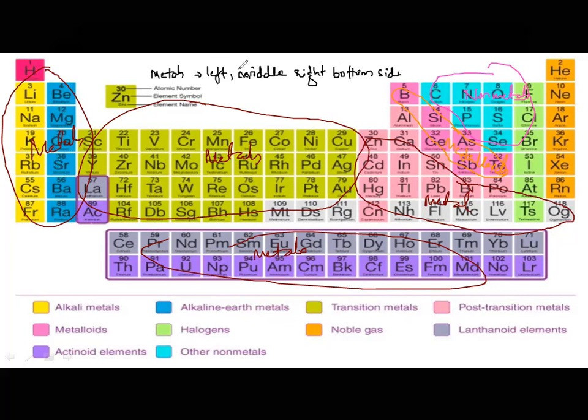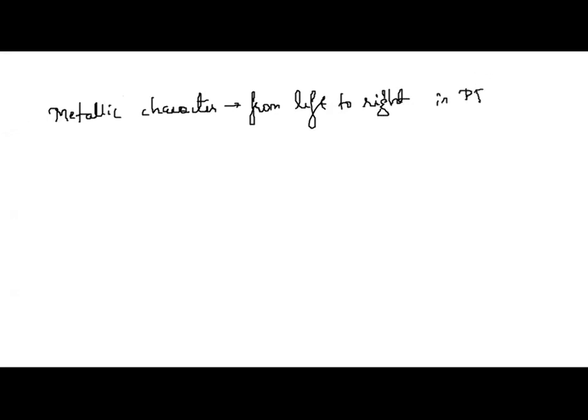So with this explanation, metallic character as you move from left to right in the periodic table, what happens? It decreases.